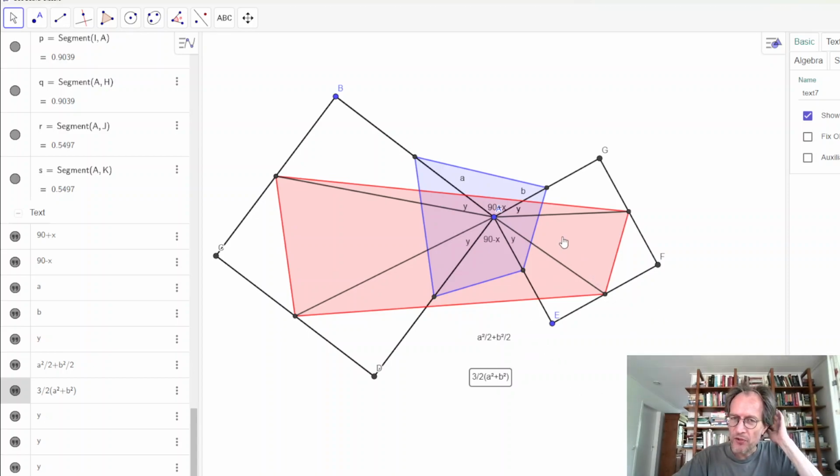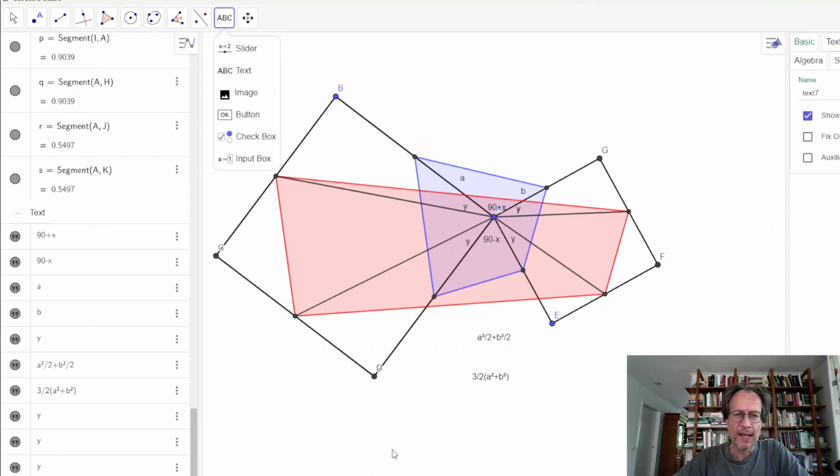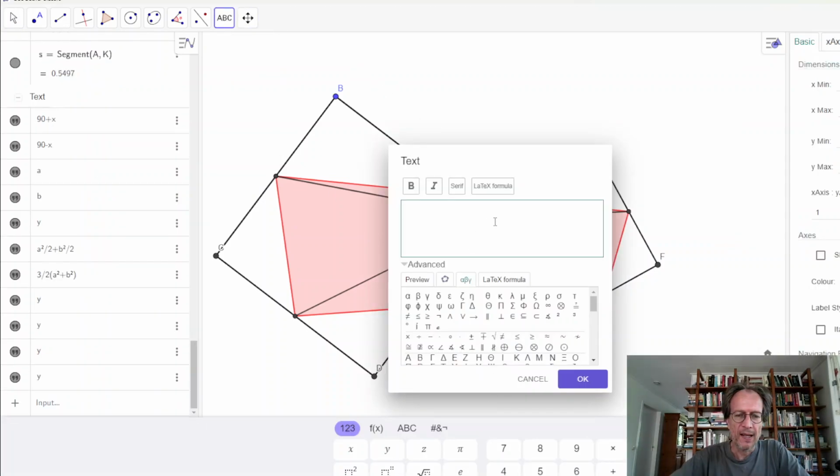Okay, now comes the tricky bit. If I look at these two triangles, the leftovers in the blue quadrilateral, you can easily apply the rule for the area, and that's ab over 2 times sine of 90 plus x plus sine of 90 minus x.